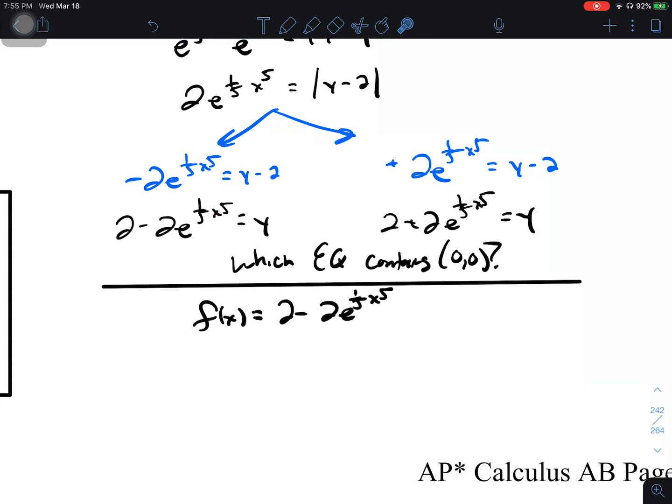If I put 0 in for x, 0 to the fifth is 0. A fifth of 0 is 0. E to the 0 is 1. That's 2 minus 2, which is 0. If I do the same thing over here, this thing is still going to become 2, because it's the same expression that you had here. It's going to be 2 plus 2, which is 4. That would be 4 equals 0, which is not true. So this is the one that works.